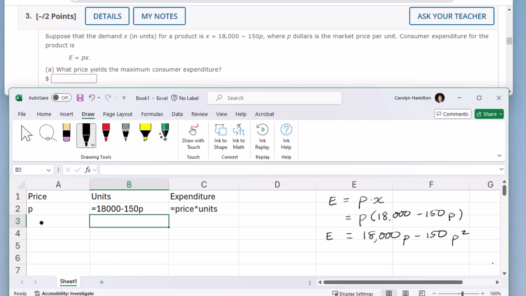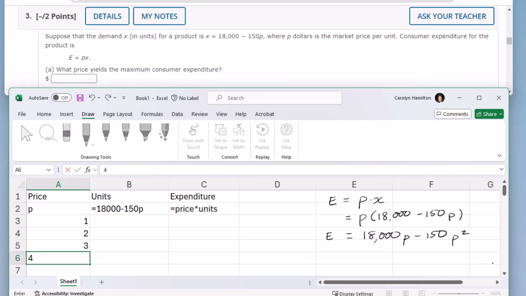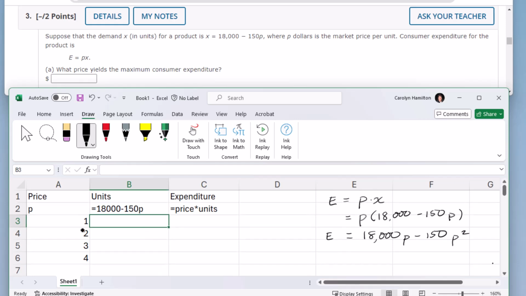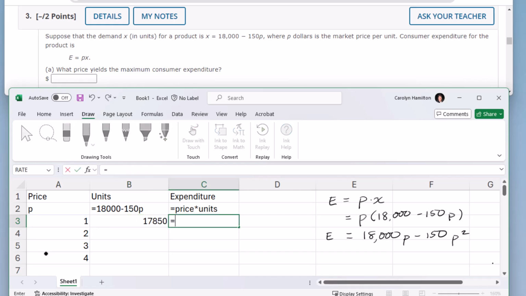Okay. So if our price is, I have no idea what this can be, I'll just do 1, 2, 3. And then 18,000 minus 150 times the price. And then finally, expenditure is 17,850 units being sold for $1 each.